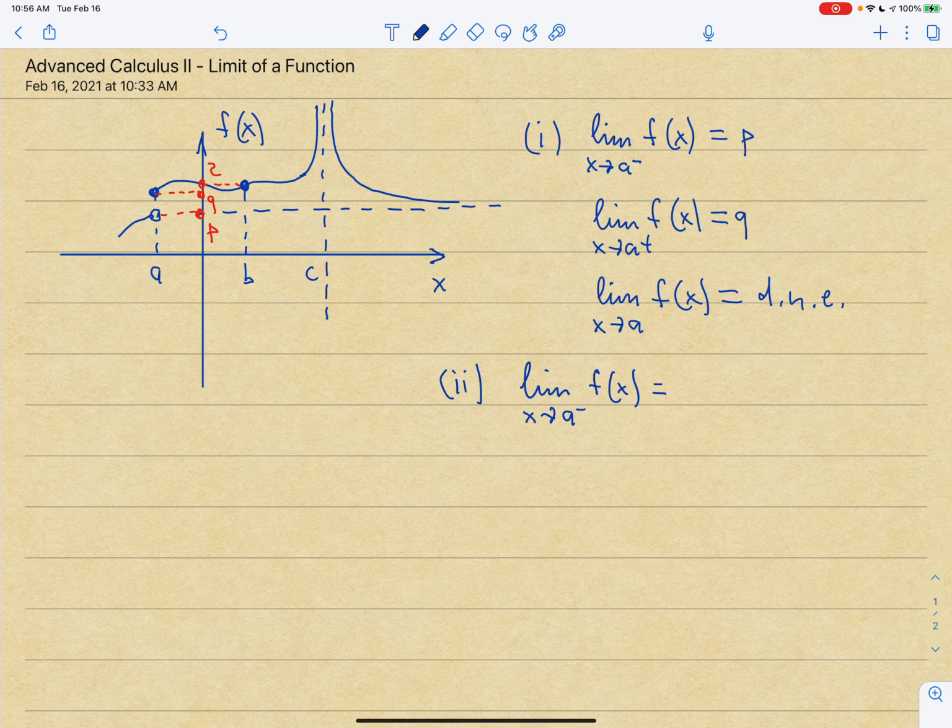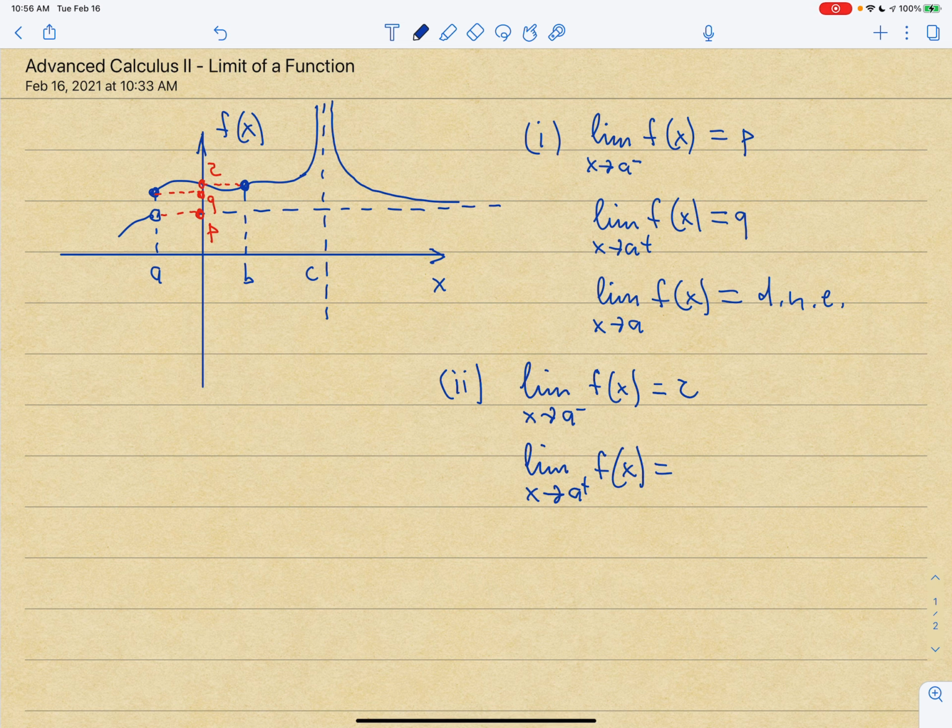In this case, if x gets close to B from the left, then f of x is going to get close to R. So this would be R. Limit as x goes to B plus of f of x.